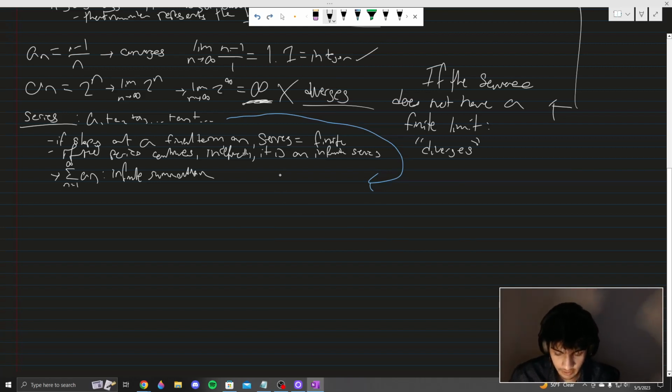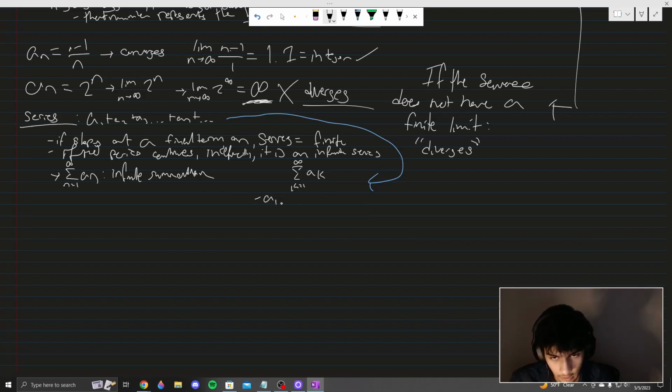It's actually expressed by sigma, infinity on the top, k equals 1, and then you can do a sub k. Okay? And so a1, a2, and a3 are terms of the series, right? And we go on until a sub n, or if it's infinite, it keeps going on and on.